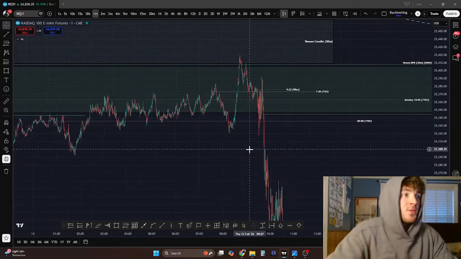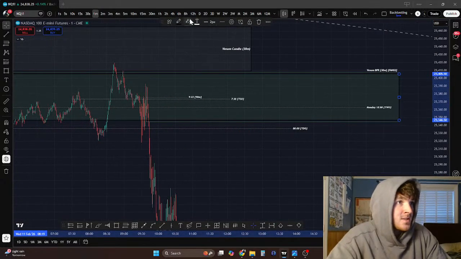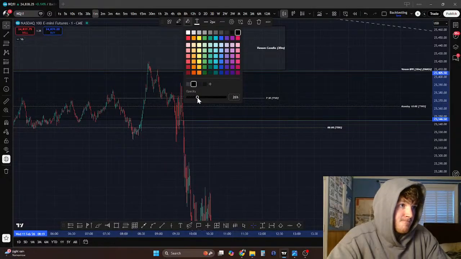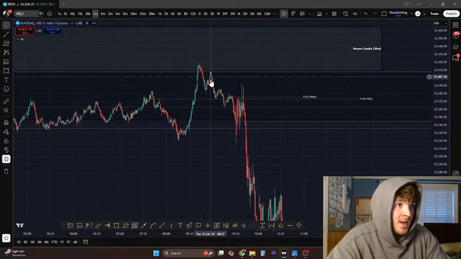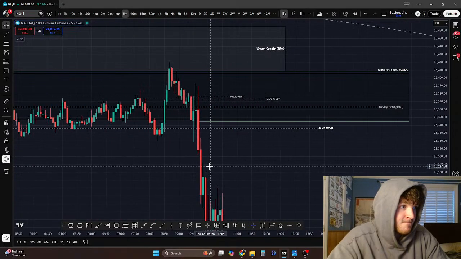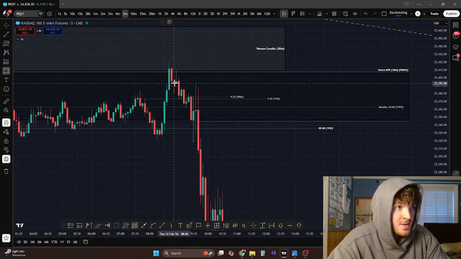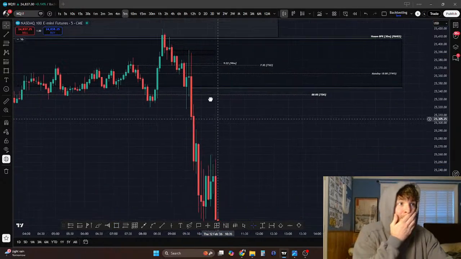What's the optimal entry point? Above every true open. Actually, nah, I don't like that. I changed my mind. Above every true open, and it's in this imbalance here on the 5-minute. This is the 2022 model entry right here. Boom, boom. There's your 2022 gap.